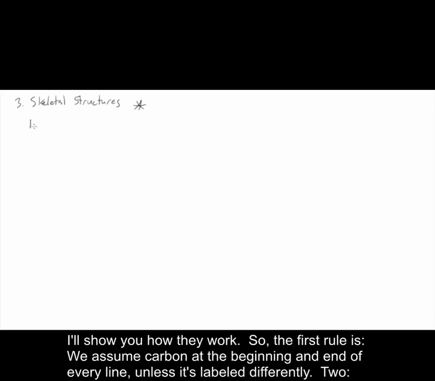So the first rule is we assume carbon at the beginning and end of every line, unless it's labeled differently.